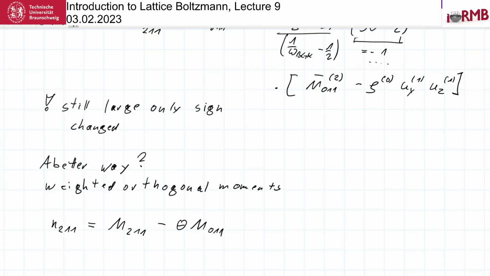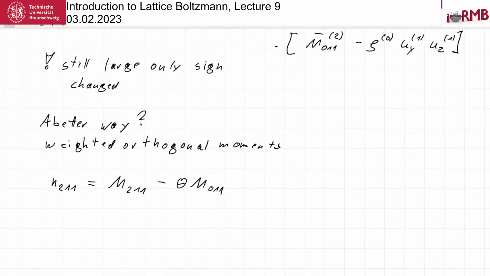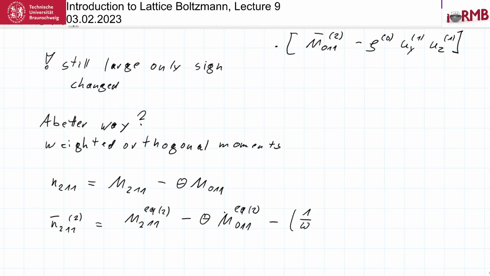Now what is happening if I do the asymptotic analysis of this guy? So we get again to second order with bar this moment. This gives us M211 equilibrium, second order minus theta M011 equilibrium to second order minus 1 over omega g minus 1/2.